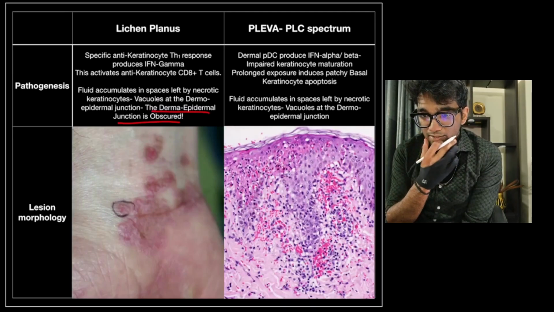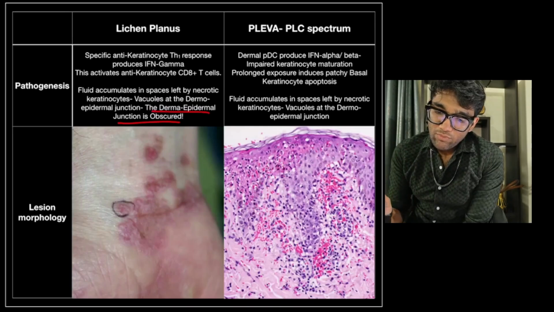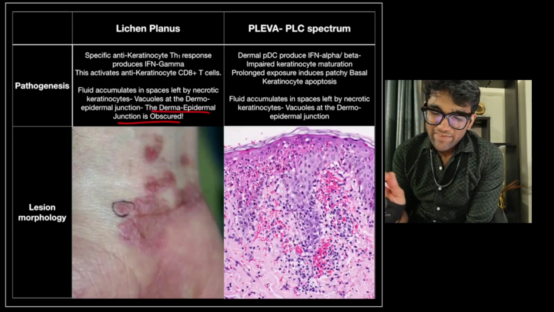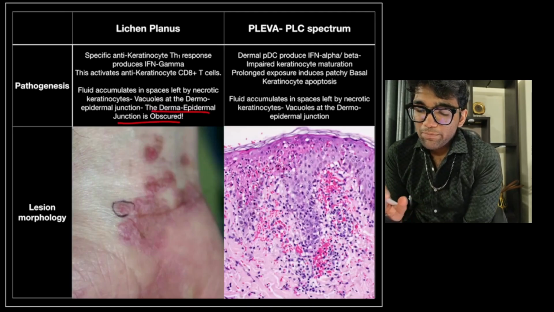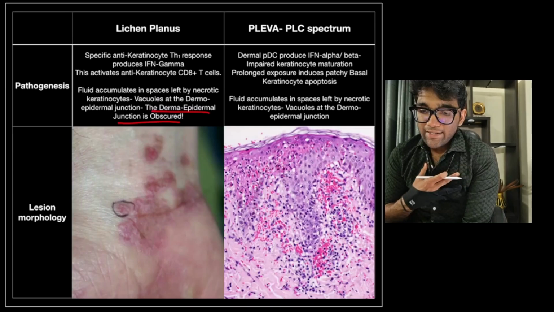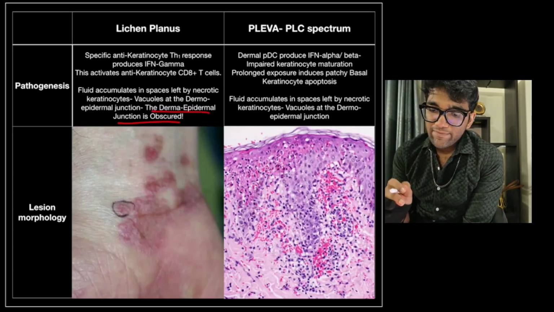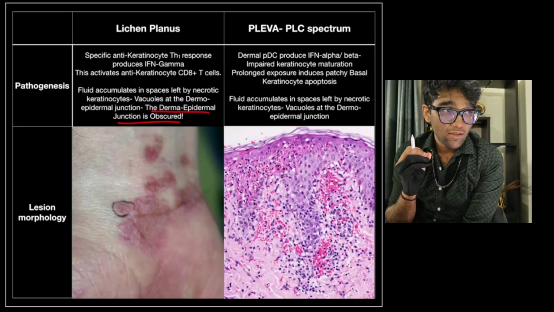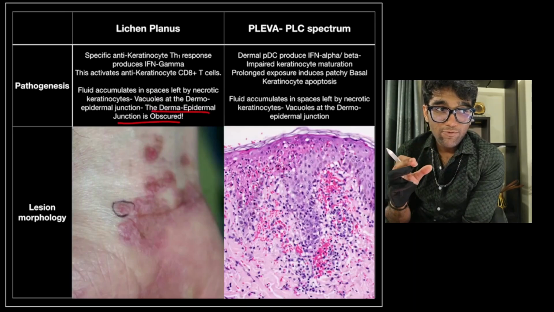Now on the other hand, in the PLEVA-PLC spectrum, it's very similar to your alpha interferonopathies. There are dermal plasmacytoid dendritic cells producing type 1 interferon alpha and beta, and that impairs keratinocyte maturation. When that happens, prolonged exposure induces basal epidermal cell apoptosis and/or necroptosis, and then in the spaces that are left, fluid accumulates.